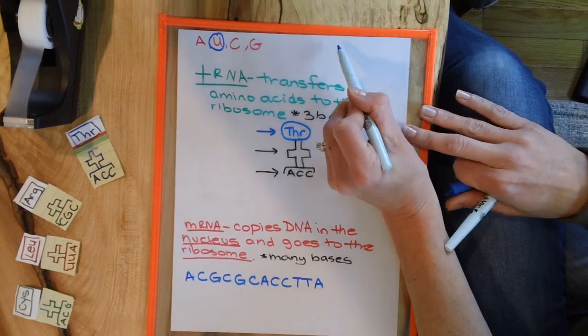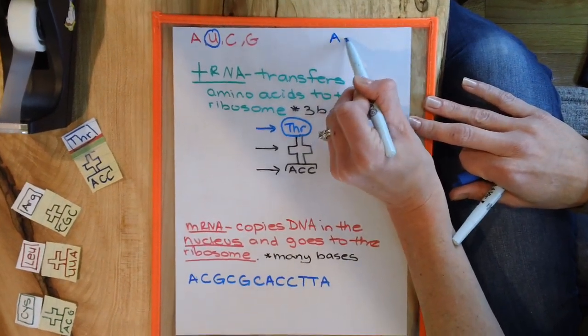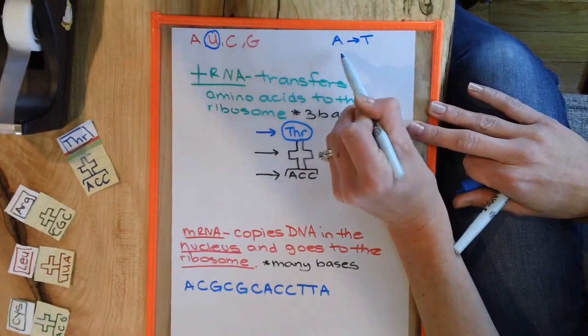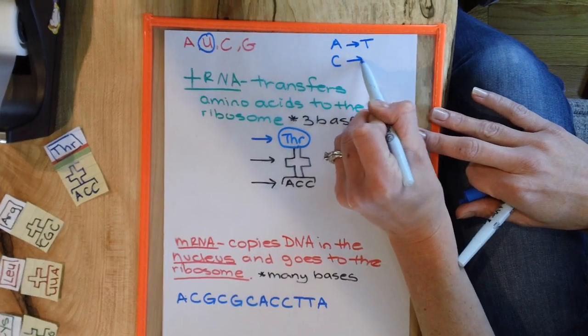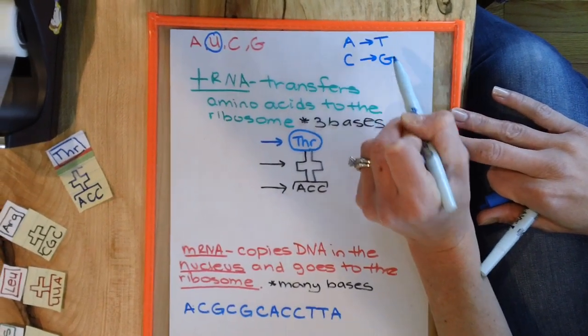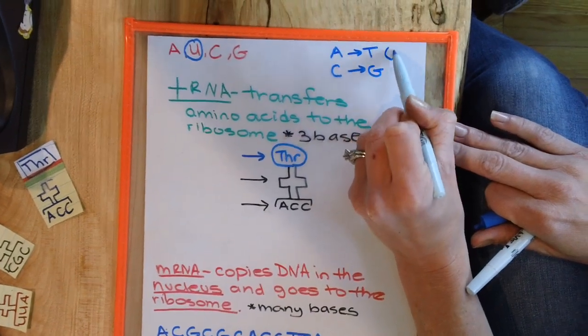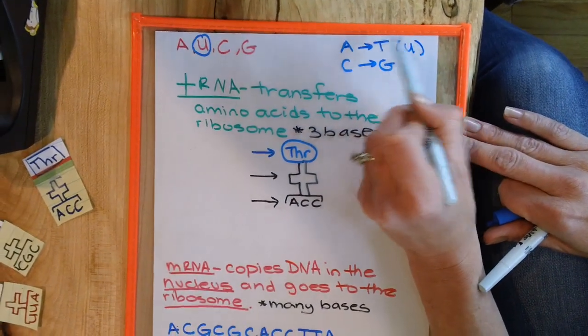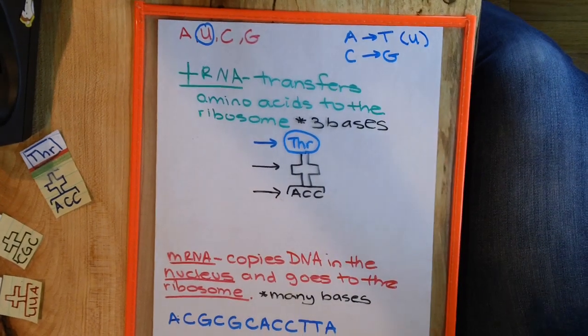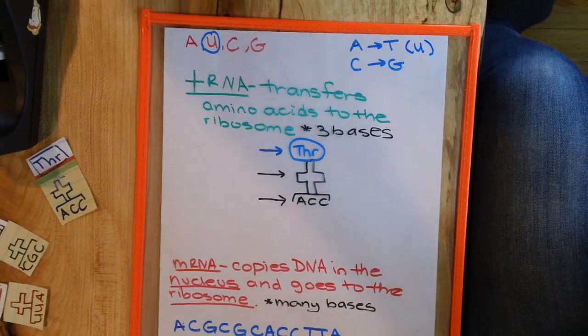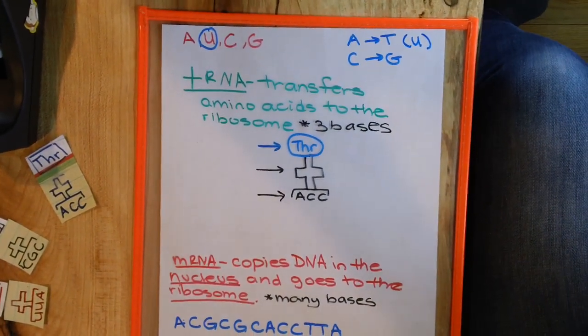In DNA, we said that A pairs with T and C pairs with G. But in RNA, we don't have that T, so we use that U instead. We replace that T. So there are two types of RNA, which you're learning through this protein synthesis computer activity.